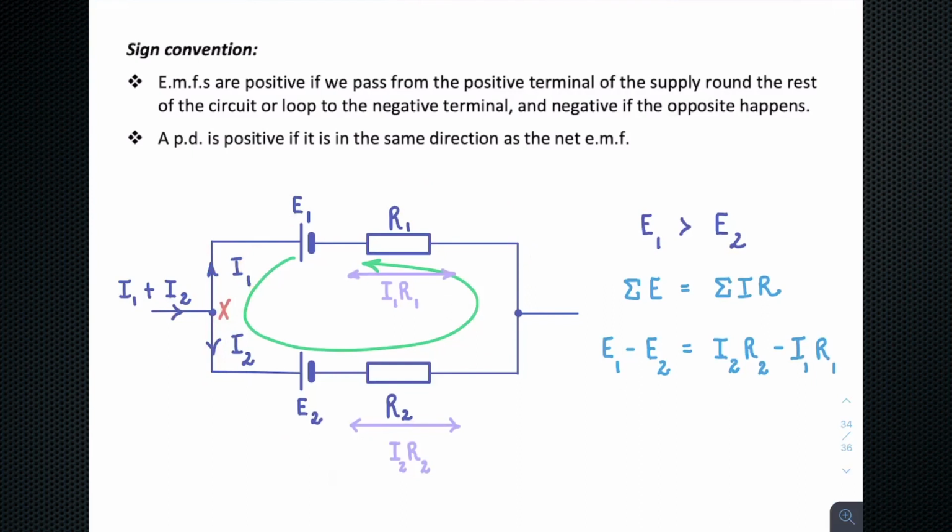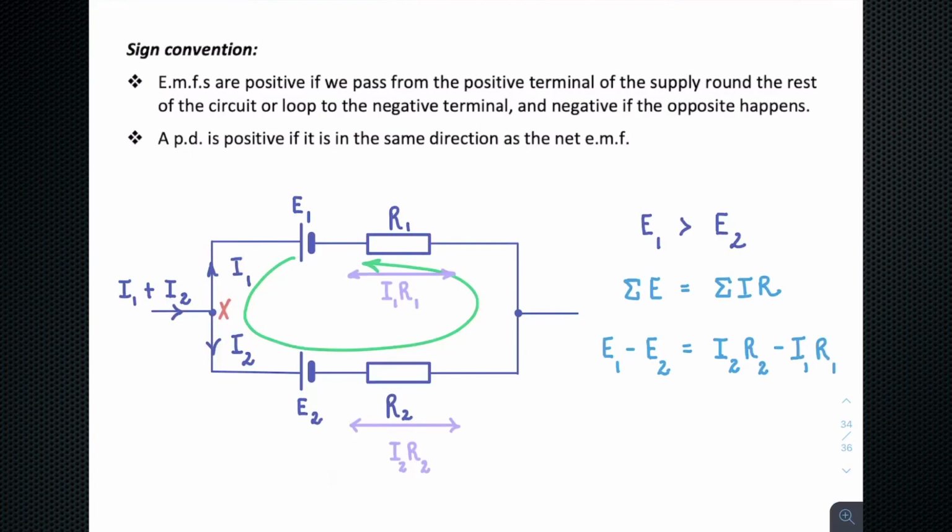Since we're given that E1 is greater than E2, the best way to go around is in an anti-clockwise sense, as shown by the green arrow, from the positive terminal of E1 towards its negative terminal. If you choose to go the other way around, it doesn't matter. We would still get the same results. But let's stick to one way of doing this.